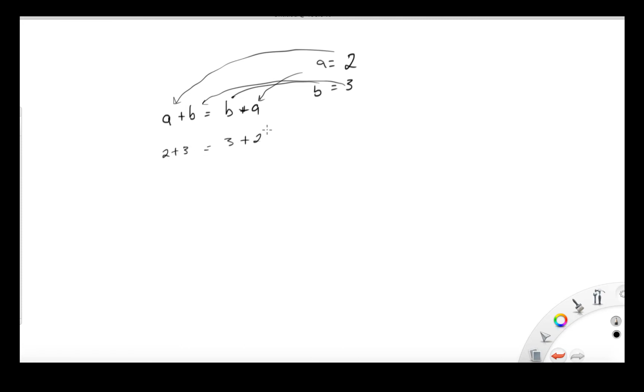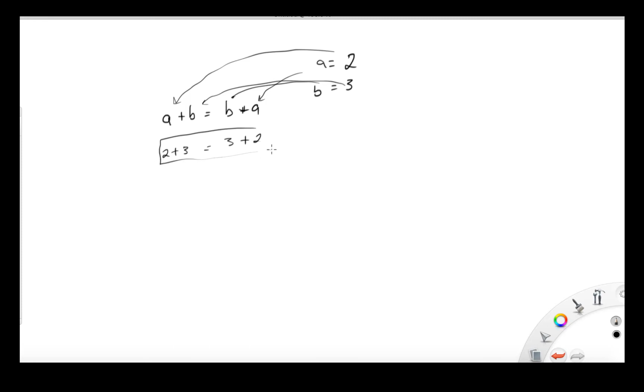So in your textbook, next up it says a plus b equals b plus a. Okay, what if a was 2 and b was 3? So if I substituted this 2 for a here and here, and then 3 for b here and here, I would have 2 plus 3 equals 3 plus 2.